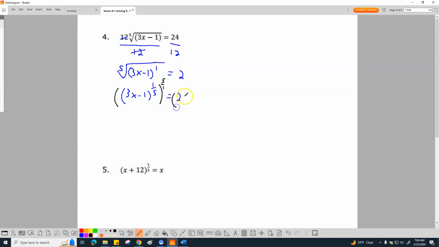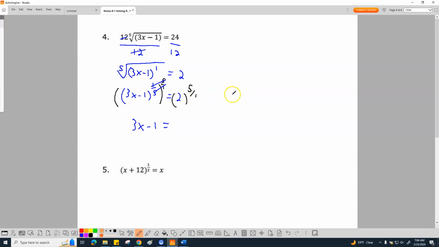But if I do it on one side, I must do it on the other side. So this is pretty cool because now the 1 over 5 and the 5 over 1 cancel out. That goes away, and I am now left with 3x minus 1 equals 2 to the 5th power.